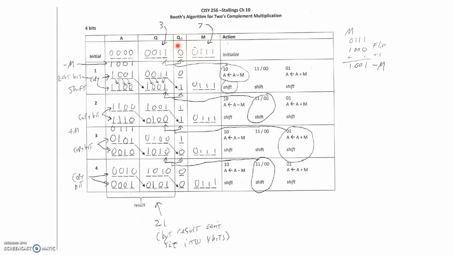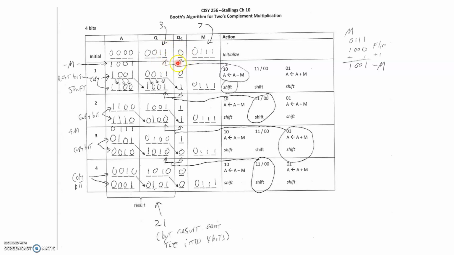What the algorithm will consist of is a number of steps: with 4 bits there are 4 steps, with 6 bits there are 6 steps, with 32 bits there are 32 steps. Each step looks at Q0 and Q minus 1, this bit, which here is a 1, and this bit, which is a 0.